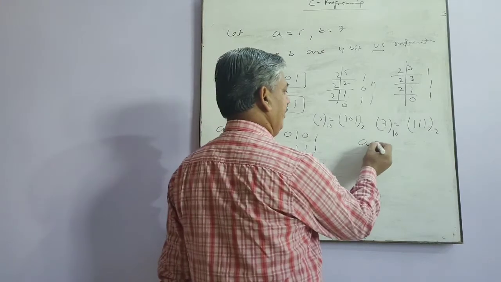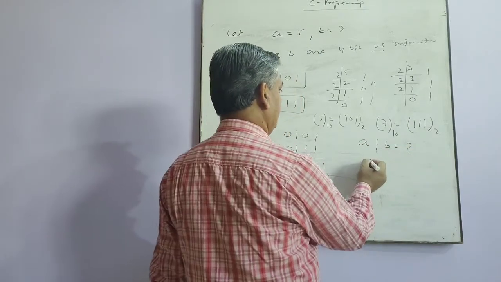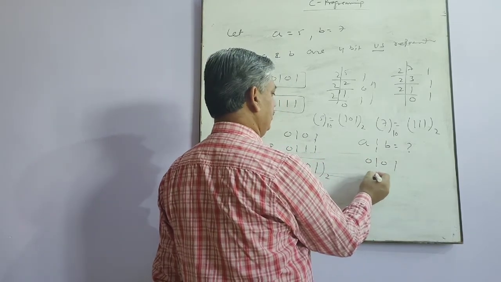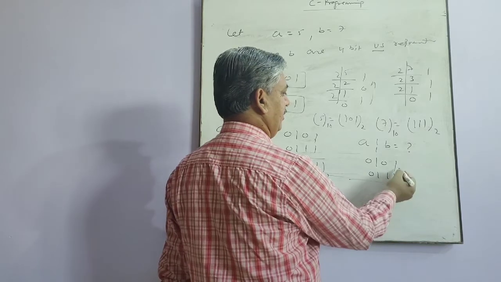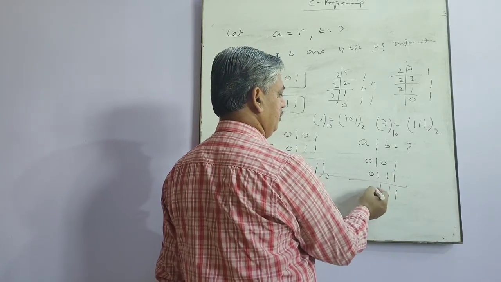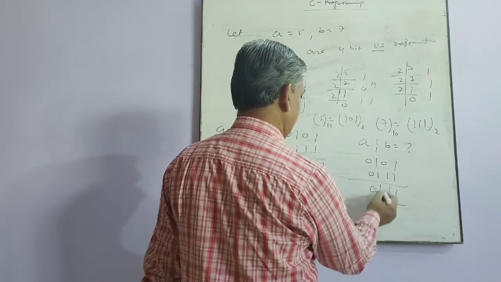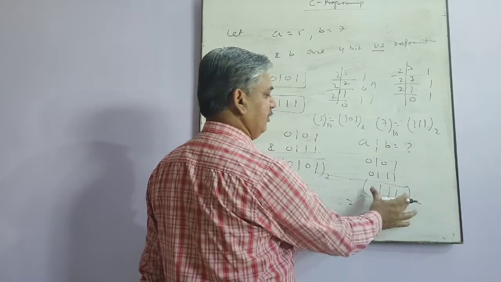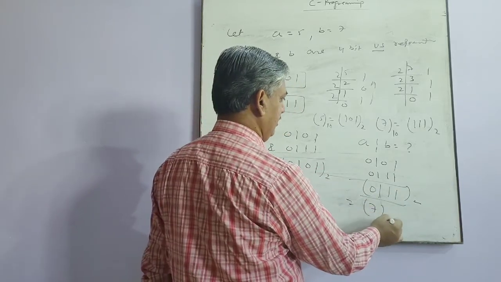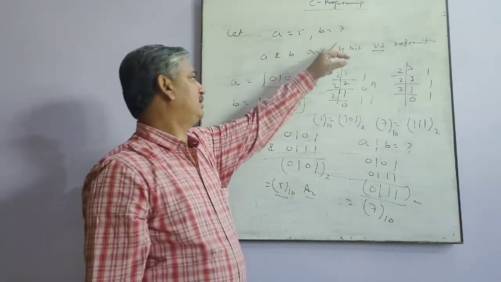Suppose A bitwise OR B. So A is 0 1 0 1, B is 0 1 1 1. So 0 1 1 1. This is the OR operation. So this is binary. Convert this into decimal, we will get 7. Clear? So A is 5, B is 7.